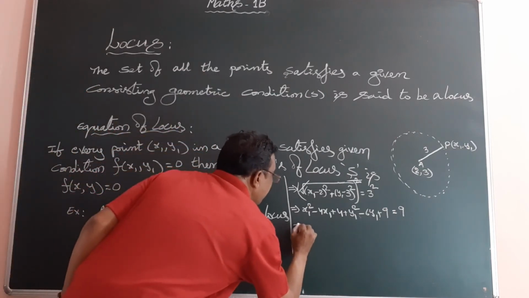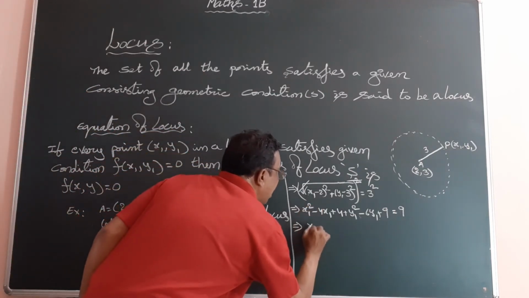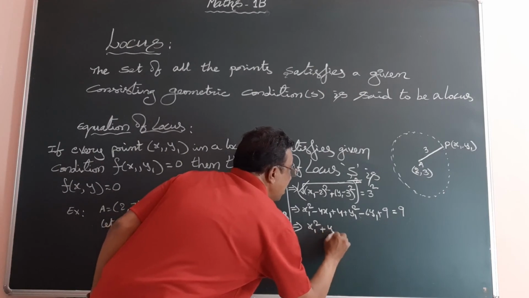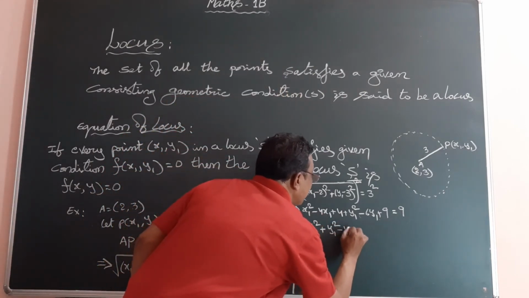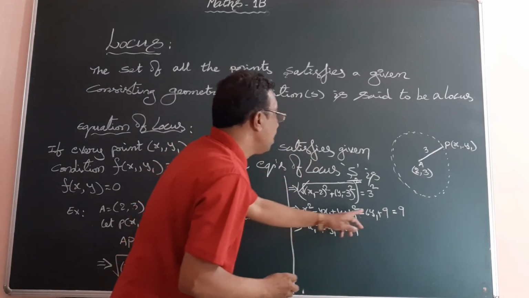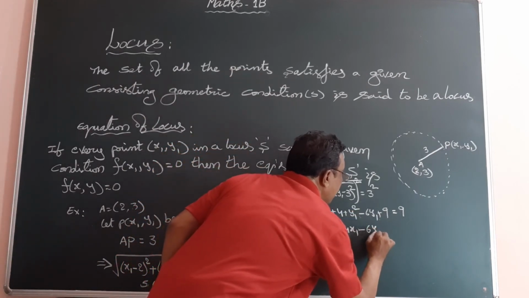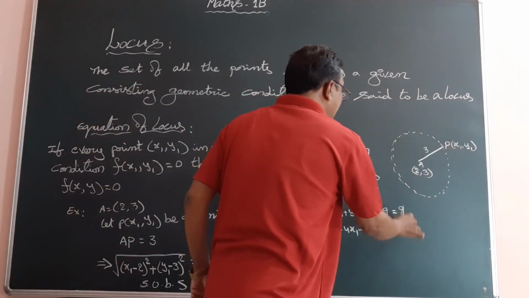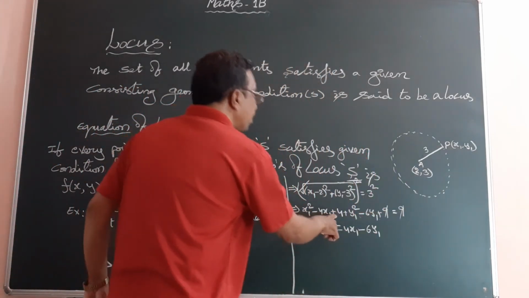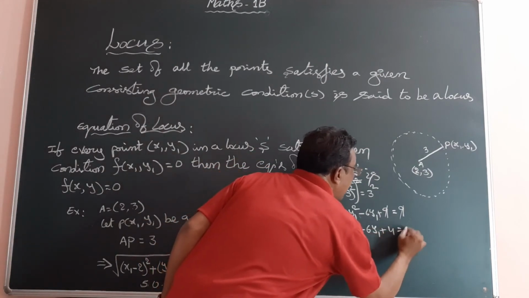That implies x1 square plus y1 square minus 4x1 minus 6y1, plus 9 is cancelled, plus 4 equals 0.